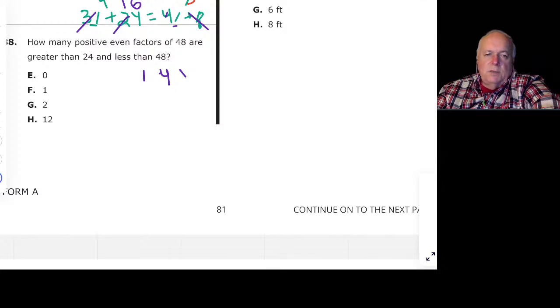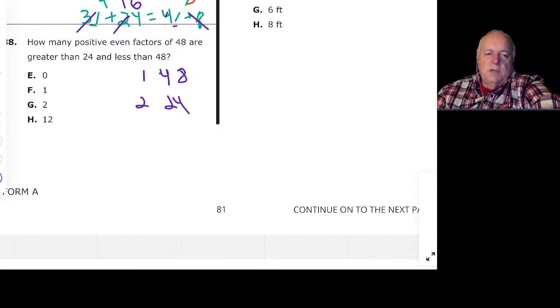Then we're going to have 2 and 24. Then we're going to have 3 and 8.